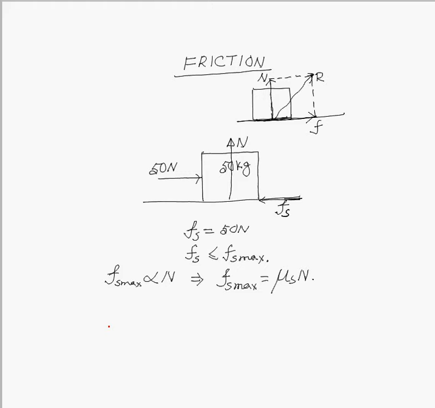The magnitude of this mu s depends on the nature of the surface, that is its roughness, and also it depends on the material of which the surfaces are made.